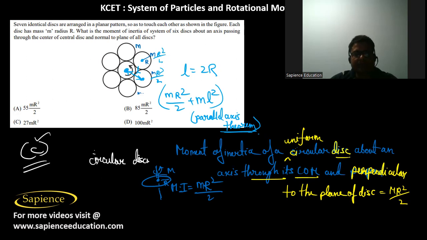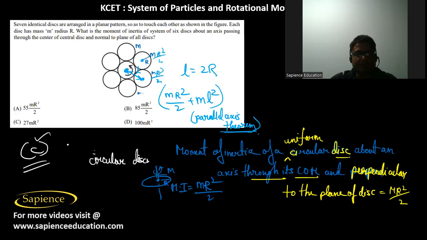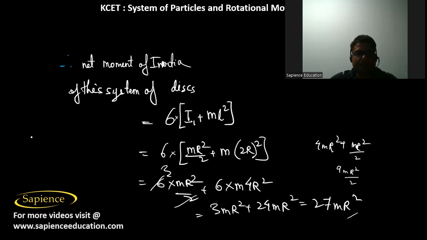And if we want to find it for all the 7 disks, then with this we have to add one more mr square by 2. Then it will be option A, which is 55 mr square by 2, since if we add mr square by 2 to 27 mr square, we will get 55 mr square by 2.